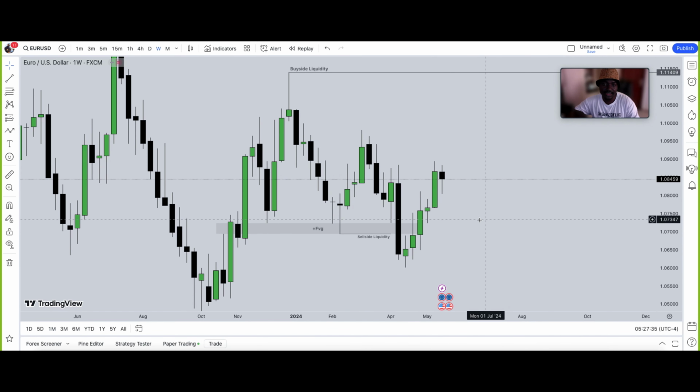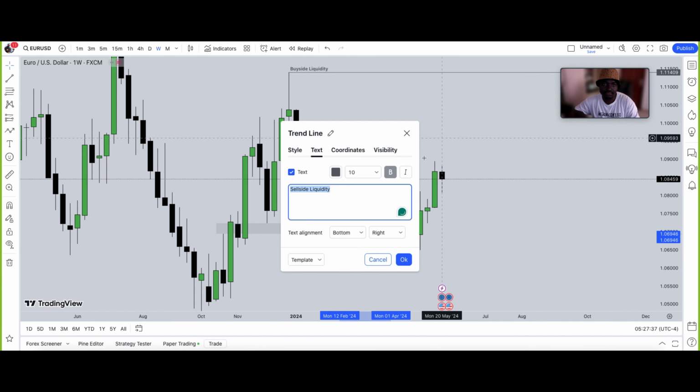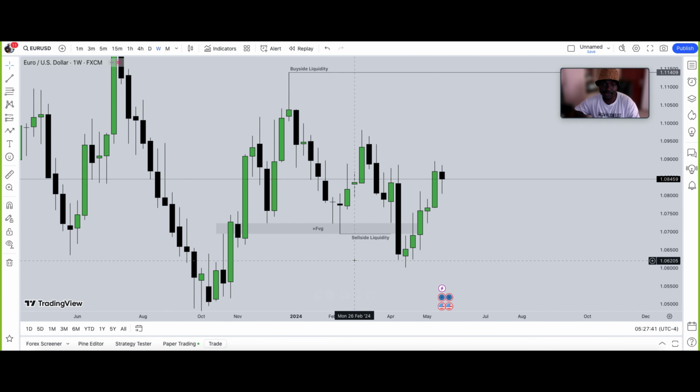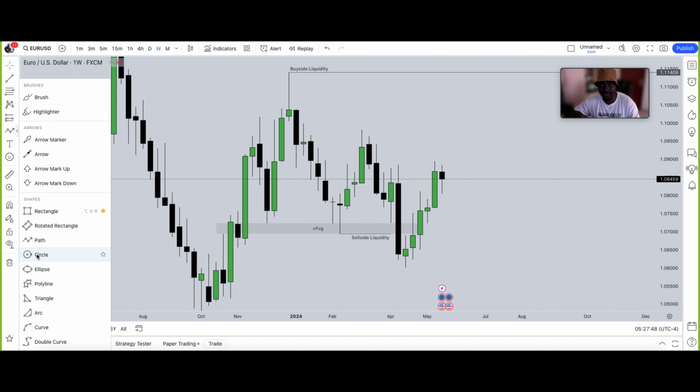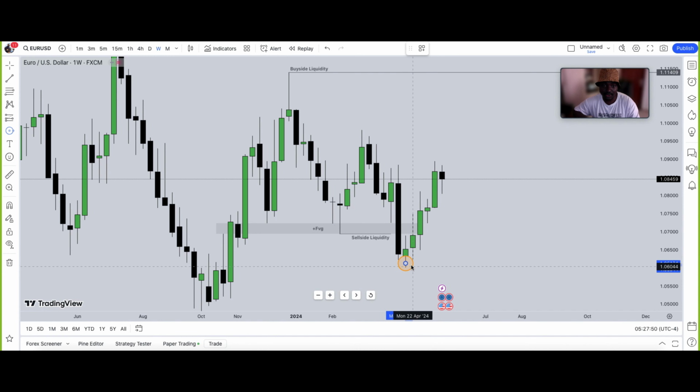Let me just increase the font size. Just a moment. Sell side liquidity. So you can see this was the area that was already this one here, right? So the next thing that comes into my mind is, where is the range? So if this is the low, then definitely this becomes the high, right? Because I'm looking at price action.